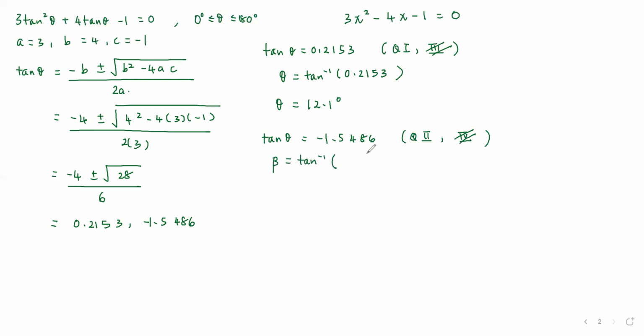Find the inverse tangent of the positive ratio. So you must use a positive ratio here. And beta is 57.1 degrees. Since theta is in quadrant 2, theta is 180 minus 57.1 degrees. And we have a value of 122.9 degrees.